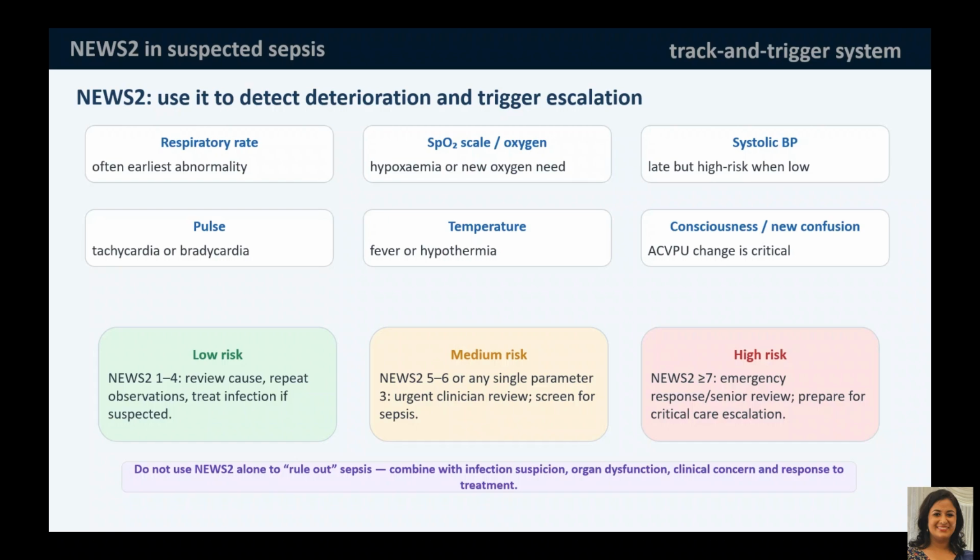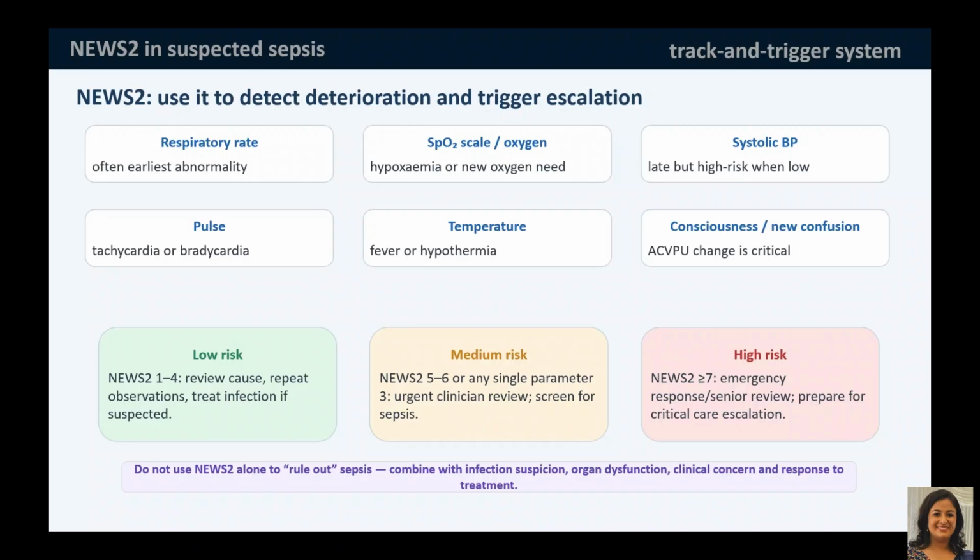These are track and trigger systems because they track the physiological parameters and see what is happening to these parameters over time. The important thing is that after tracking these, the score system also gives us a trigger: what to do if this is happening? Okay, I will show you that.